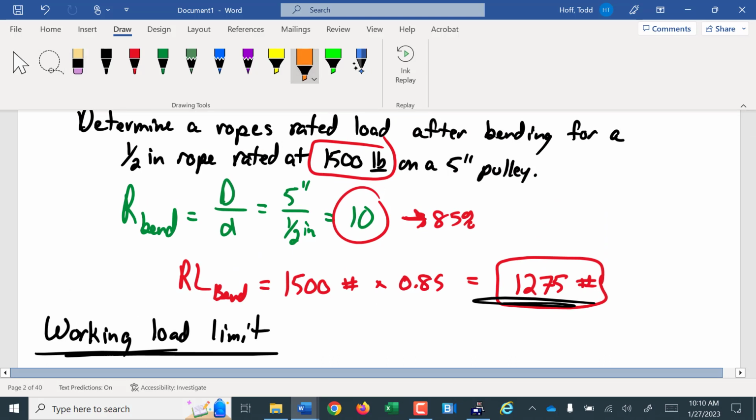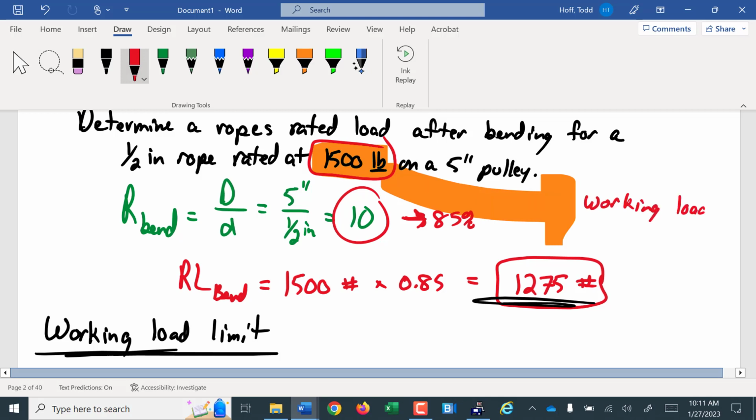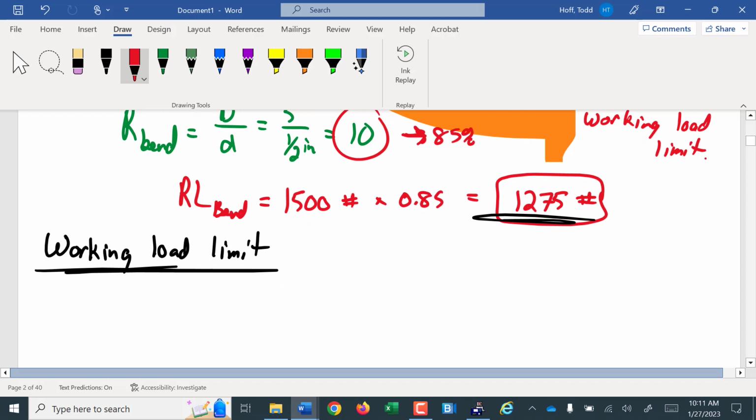Well, that 1,500 pound rating was a working load limit. That rope should be able to hold a lot more than 1,500 pounds, probably closer to 6,000 or 7,000 pounds.